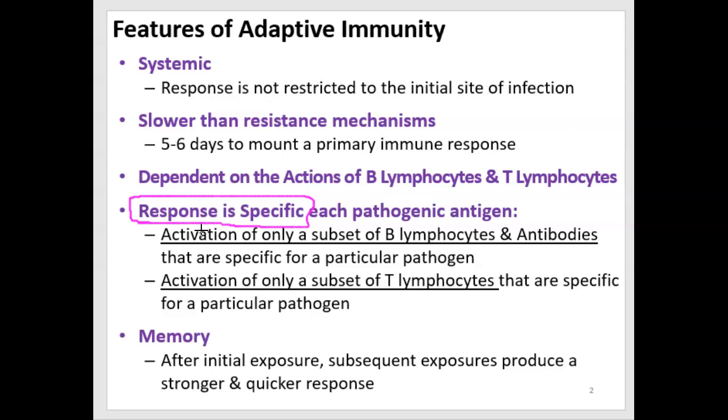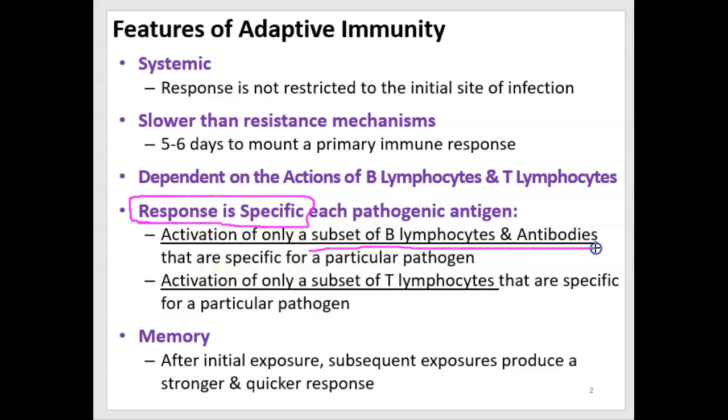It won't be exactly the same set of cells or chemicals that are activated as a different pathogen might elicit.